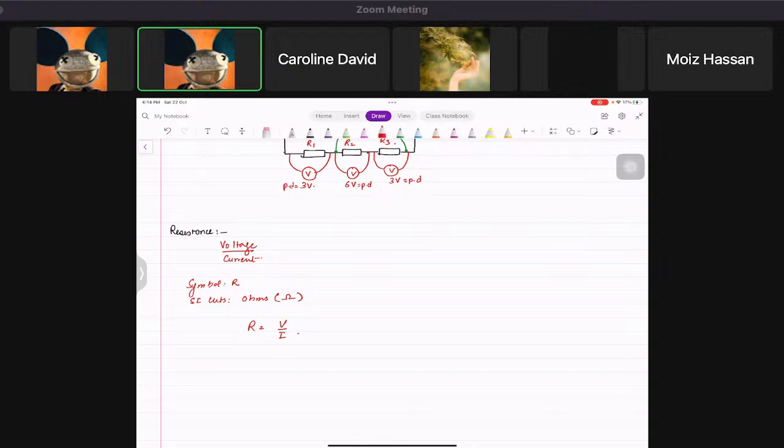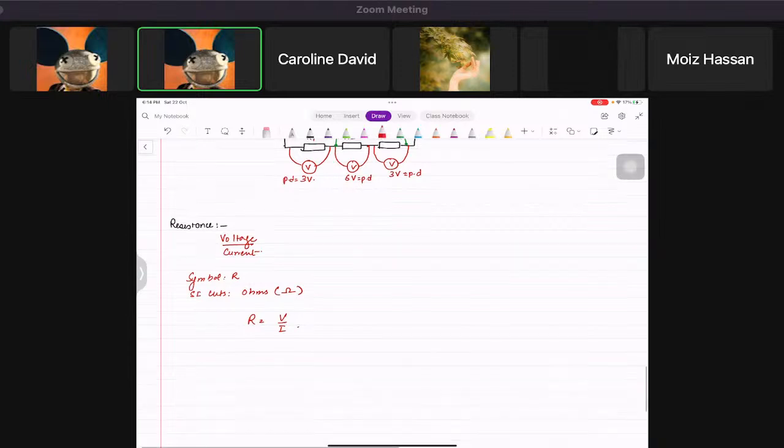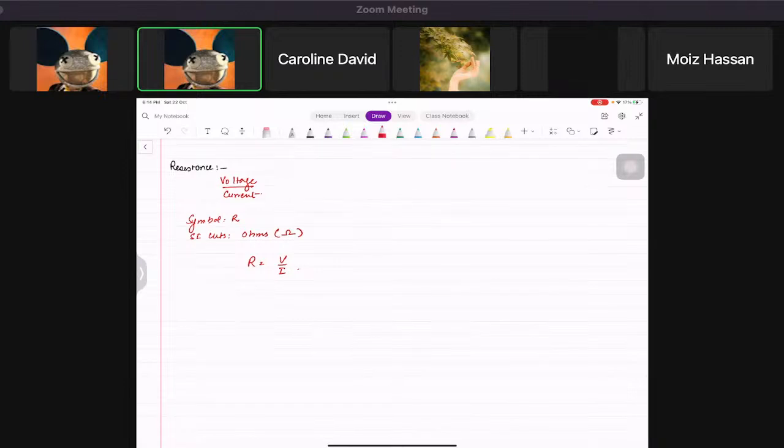All right. Now what you need to understand is that resistance basically comes from Ohm's law, which relates current and voltage.